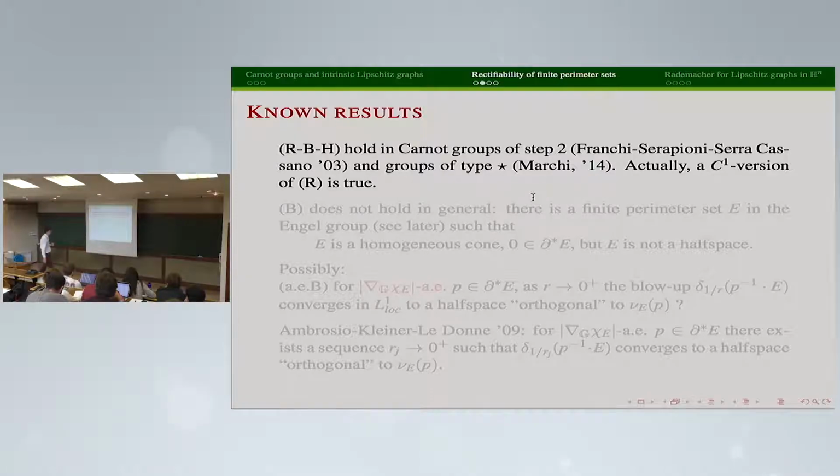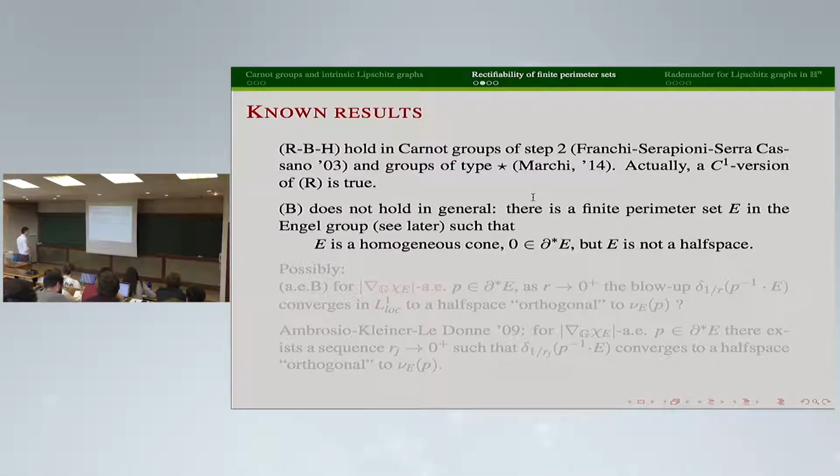Okay, this is what I mean by saying that a C1 version of R holds. Actually, it's also known that a blow-up property cannot hold in general. And in fact, in the Engel group that I'm going to introduce in a while, one can produce a set E which has finite perimeter which is a cone.